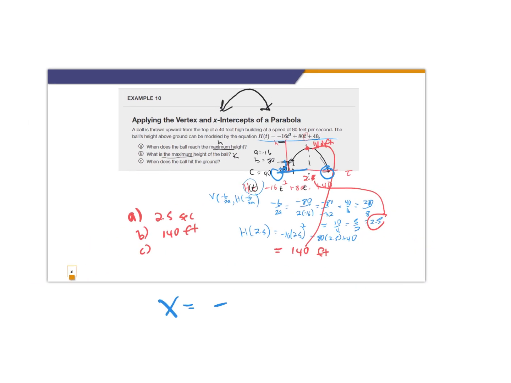X-intercepts are equal to the opposite of b plus or minus the square root of b squared minus 4 times a times c, all over 2a. And so I'm going to need those a's and b's and c's again. Let me write it out again.